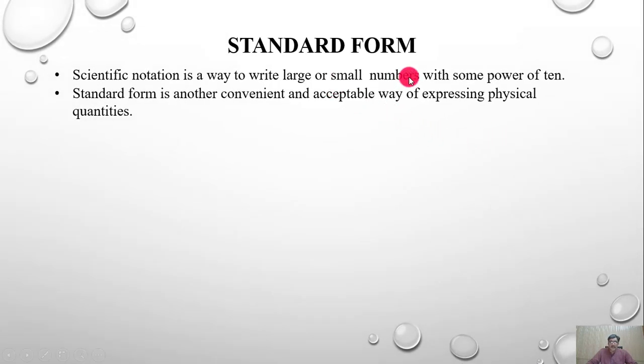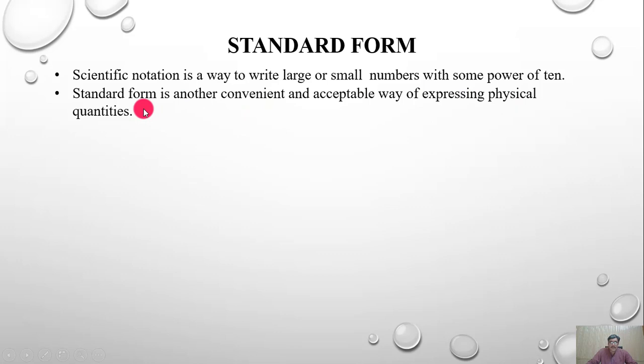Now we will talk about standard form. Scientific notation is a way to write large or small numbers with some power of 10. When we write large or small numbers with some power of 10, it becomes a standard form. Standard form is another convenient and acceptable way of expressing physical quantities.